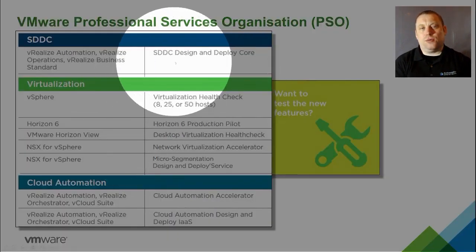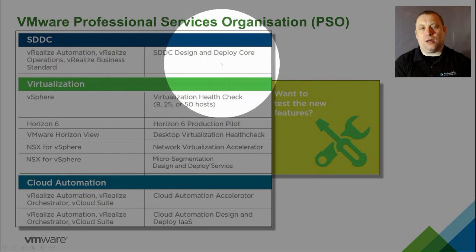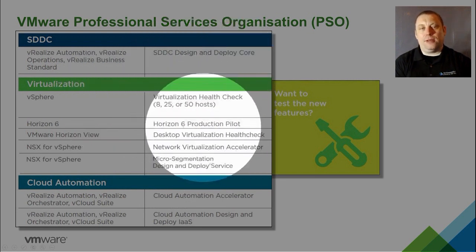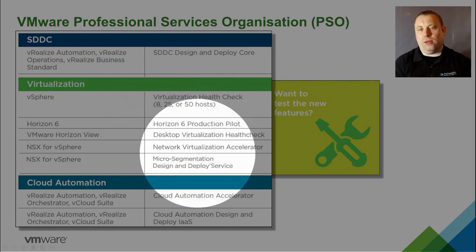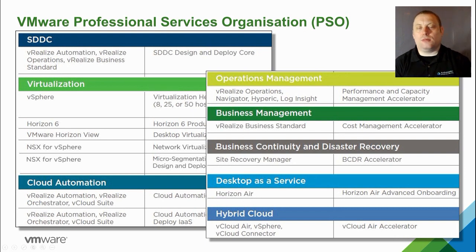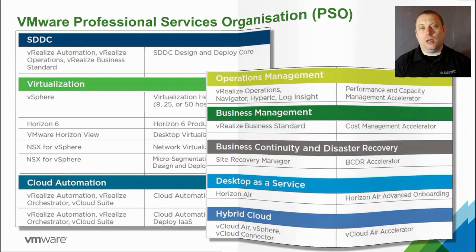So software defined data center design and deploy, or a health check for a certain number of hosts, a pilot of Horizon, or a health check. So again, just examples here. There are predefined services which are always changing, but you can use them on a time and materials basis as well if you wanted to for something that was slightly different. So again, that's the professional services.